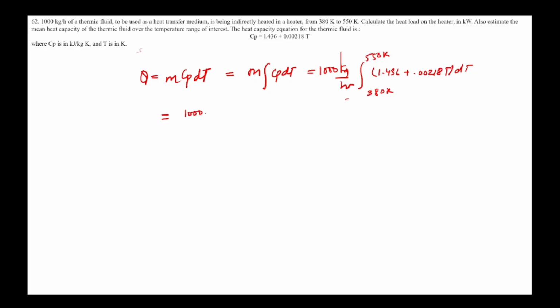So 1000, okay, see, kg per hour, Cp is in kilojoule per kg per Kelvin. So kg will cancel out and dT will cancel the Kelvin, so only kilojoule will remain. So 1000 times the integral of (1.436 + 0.00218 T) dT. Okay, I will not write the limit.